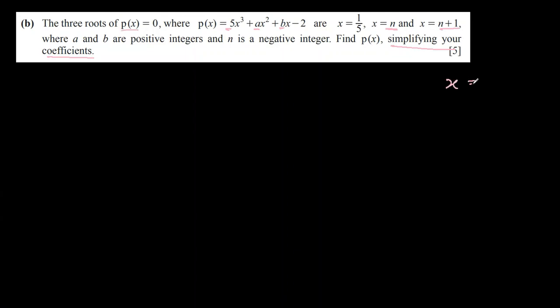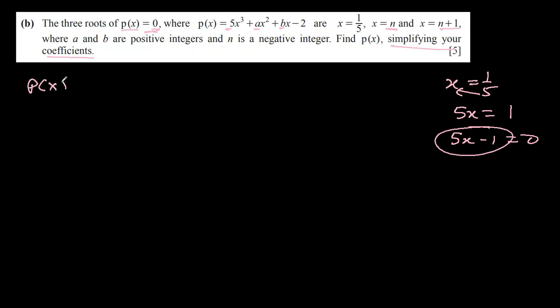x equal to 1/5 is one of the roots, right? So 5 multiplies here, 5x equal to 1. And if we want to make it a root, because p(x) is equal to 0, this comes here, 5x minus 1 equal to 0. This becomes one factor. So that is the first factor, 5x minus 1.